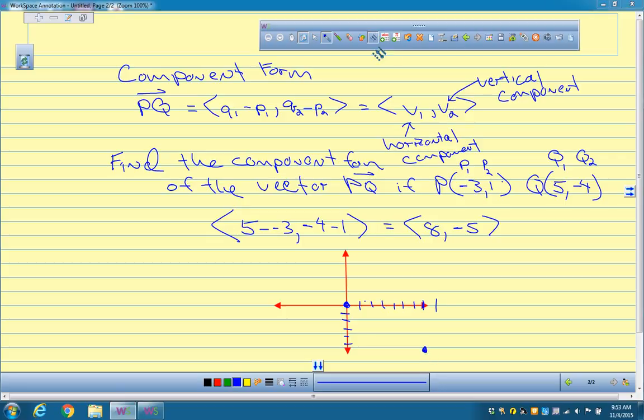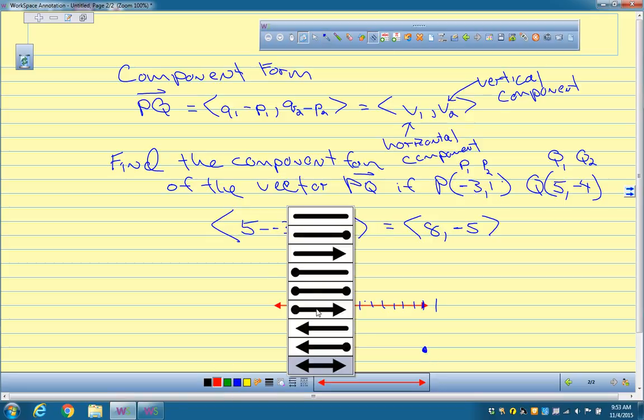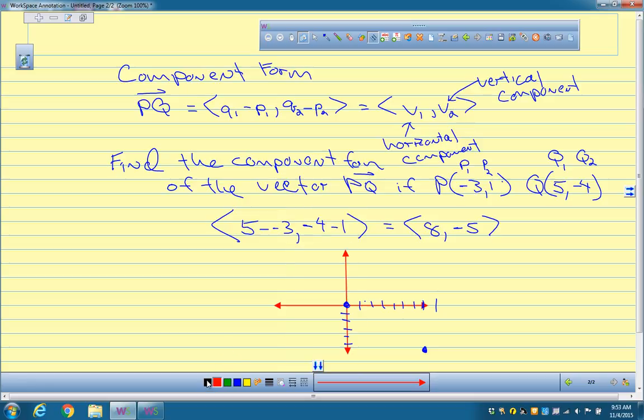And then I would put in my vector from the origin to that point. So there's vector PQ in standard position. Standard position just means it starts at the origin.